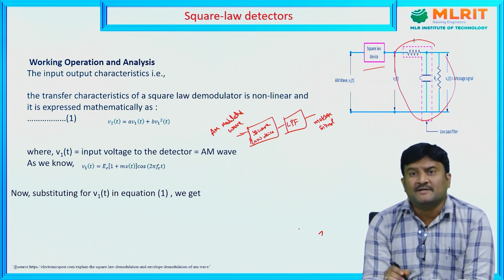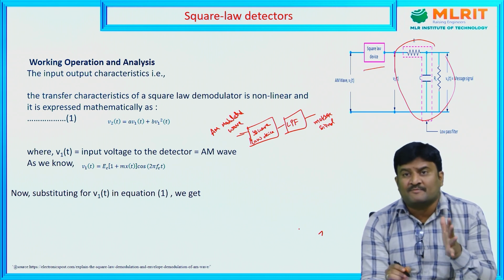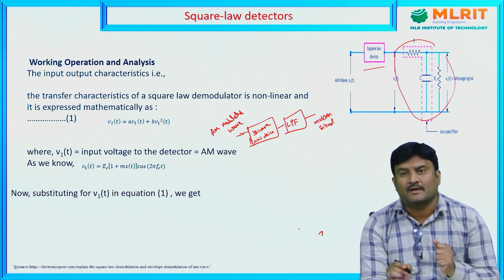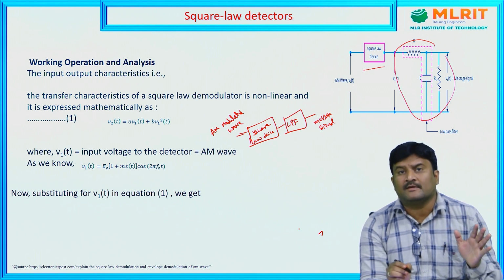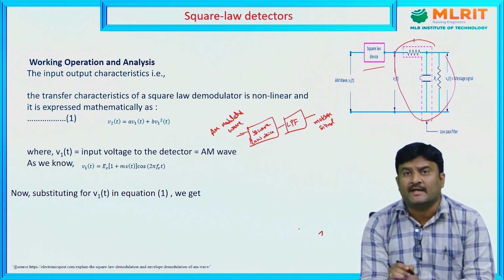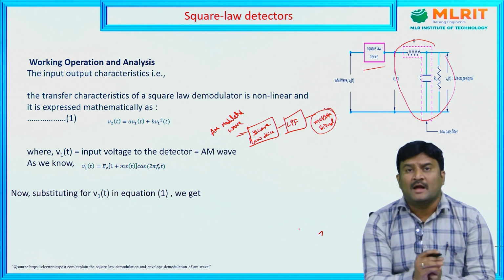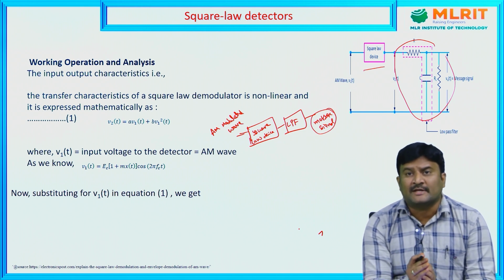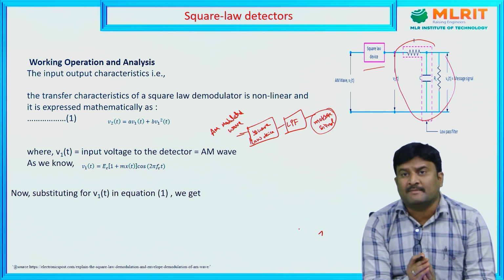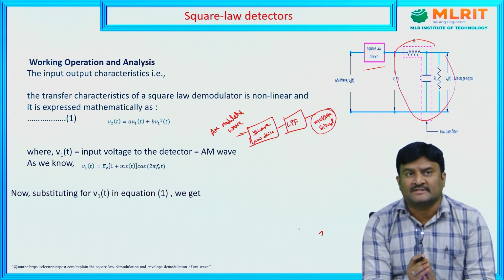The low pass filter allows only the low frequency components and stops the high frequency components. Then the output of the low pass filter is simply the message signal. That's why at the end of the demodulator we take a low pass filter, to get the message signal, which is a low frequency signal.